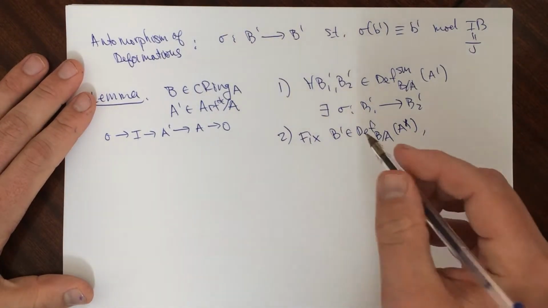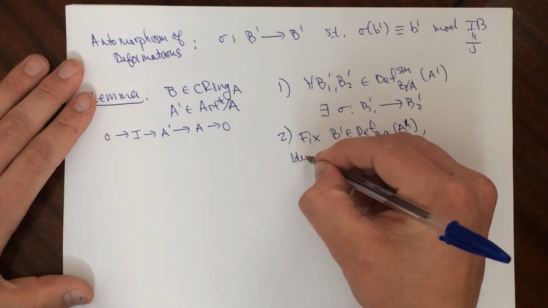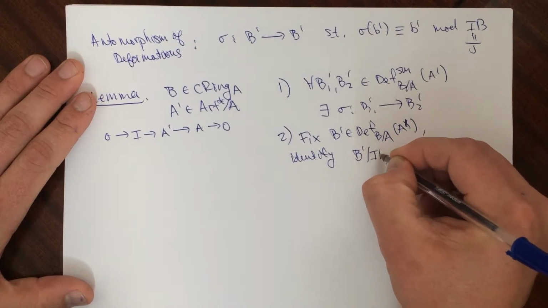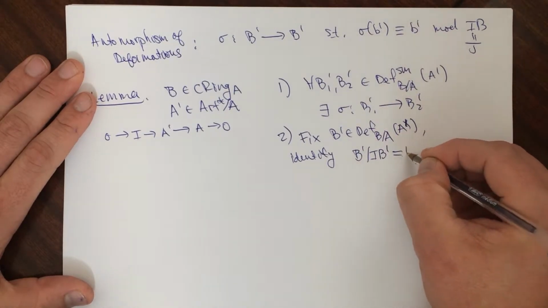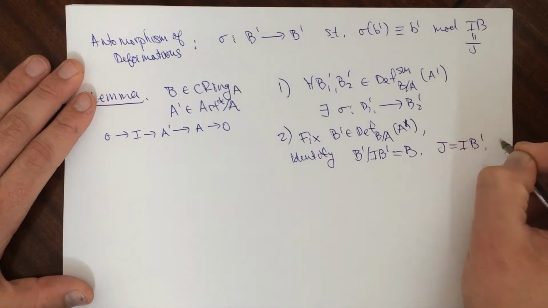So I'm going to say that I make an identification, so identify B prime mod I B prime, and let's say this is equal to B. So J is equal to I B prime.